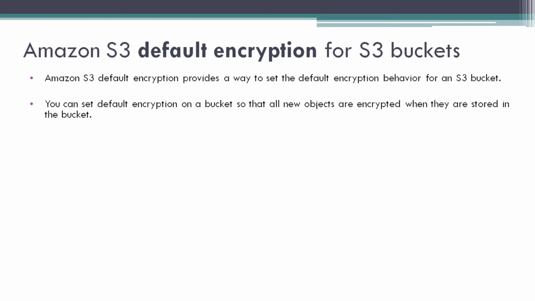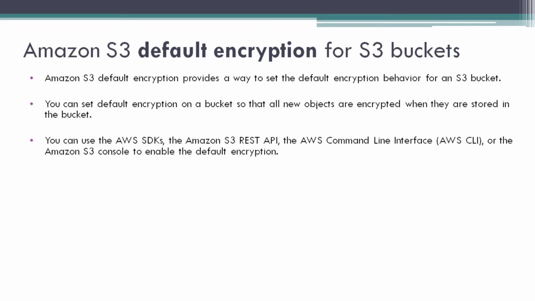You can set this property at the bucket level. You can use the AWS SDK, Amazon S3 REST API, CLI or S3 console to enable the default encryption.